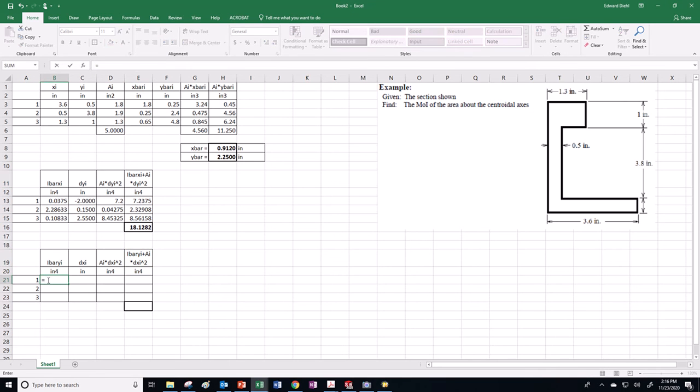So here it's going to be B times H now, right? They swapped places, divided by 12. BH cubed over 12. Boom. And then this one is going to be this minus that, right? But when we copy down, we want to always be referencing that same cell.